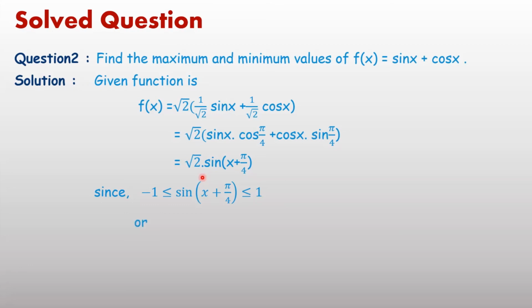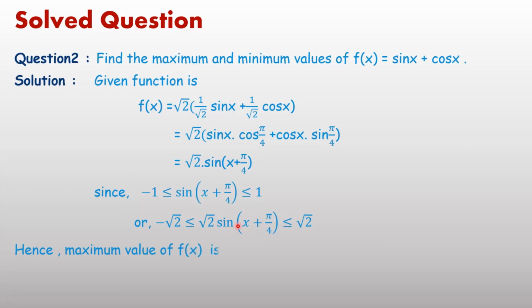Then multiply by √2. −√2 ≤ √2 sin(x + π/4) ≤ √2. Here √2 sin(x + π/4) means f(x). Therefore, the maximum value of f(x) is √2 and the minimum value of the given function is −√2.